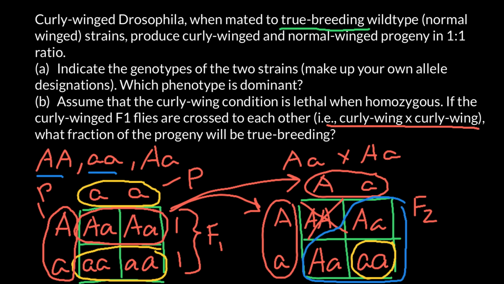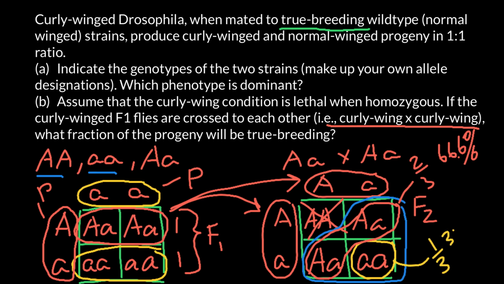That means that this heterozygous genotype, and we know that these are flies with curly wings, would be 2/3 or 66.6%, and this true breeding genotype and phenotype would represent 1/3 or 33.3%.